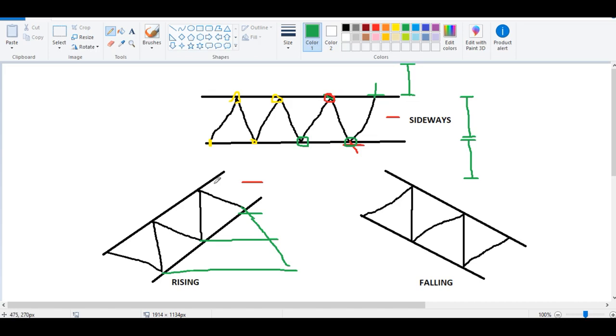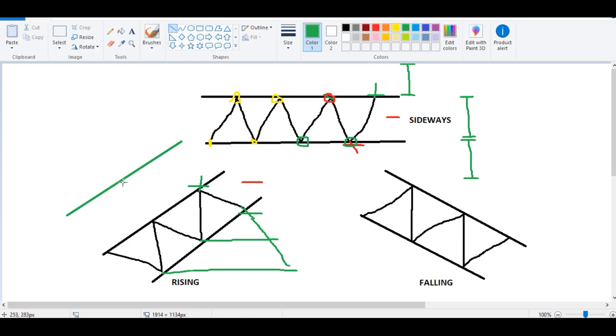Now we can also take the breakout towards the upside in a rising channel. So if it breaks out towards the upside, I will enter on the breakout, keep my stop loss at the midpoint. Now target in this is slightly tricky, but we need to keep it equidistant to the width of this channel.